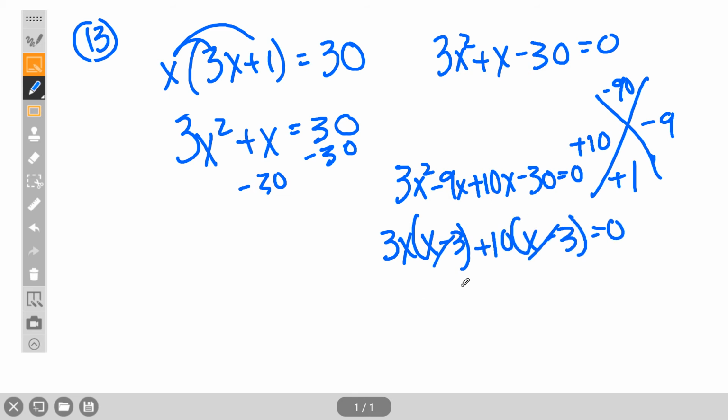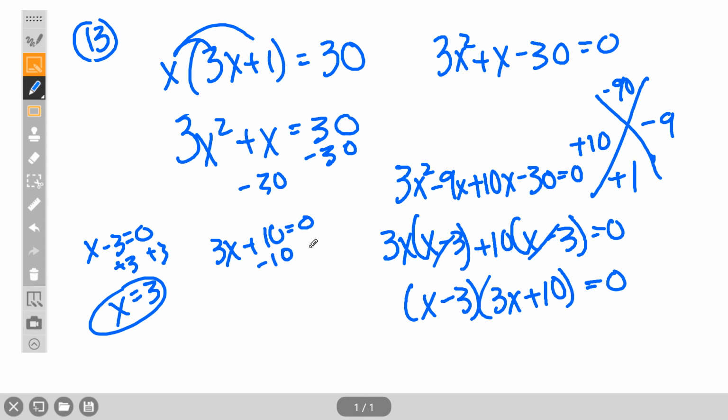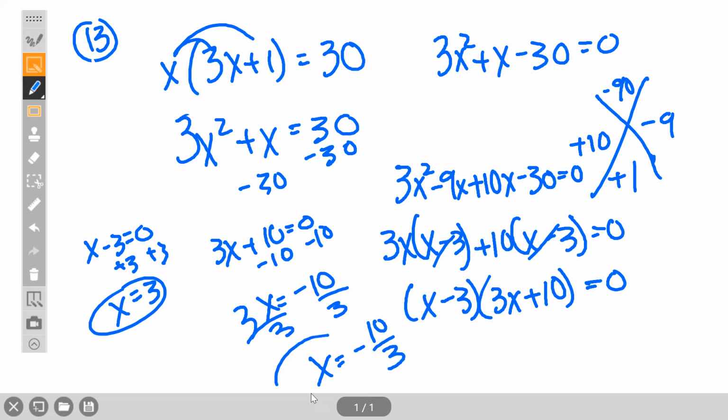X minus 3 can be factored out of both of them, so x minus 3 comes out, leaving 3x plus 10. So I have two solutions here, because I can solve x minus 3 for 0, which leaves me with the solution 3. Or I can solve 3x plus 10 equals 0, leaving me with the solution x is equal to negative 10 over 3.